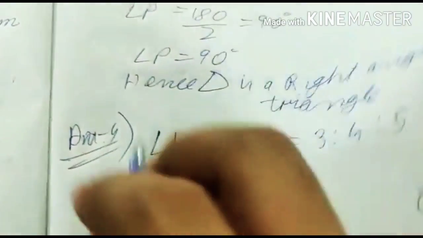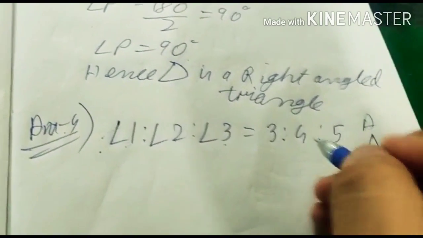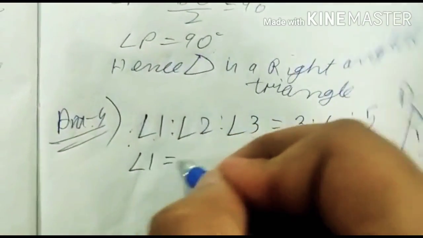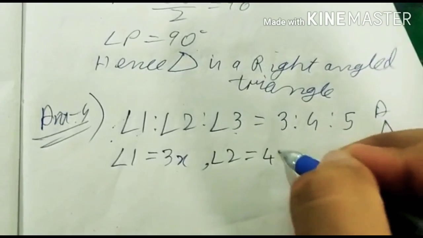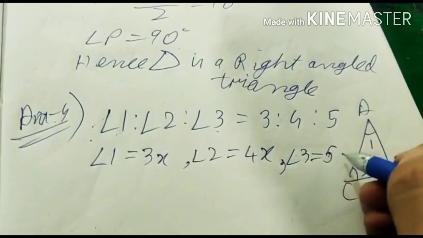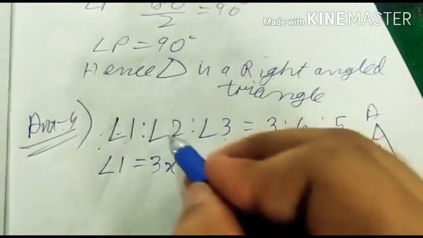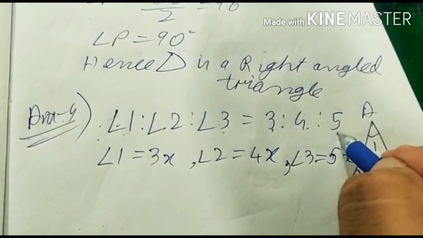Okay. So if we remove this ratio sign, we will write angle 1 equals 3x, angle 2 equals 4x, angle 3 equals 5x.